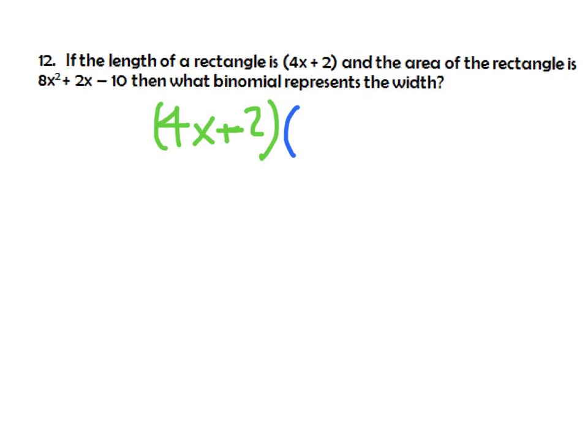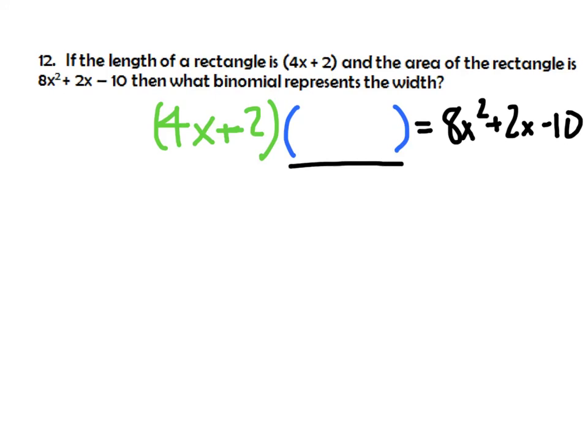We don't know what the other side is, but we do know that it's supposed to equal 8x squared plus 2x minus 10. So we're trying to figure out what this missing binomial is. There are a few different ways that you can do this. We can do guess and check and see if it works. You can try the algebra tiles and see if that works for you.